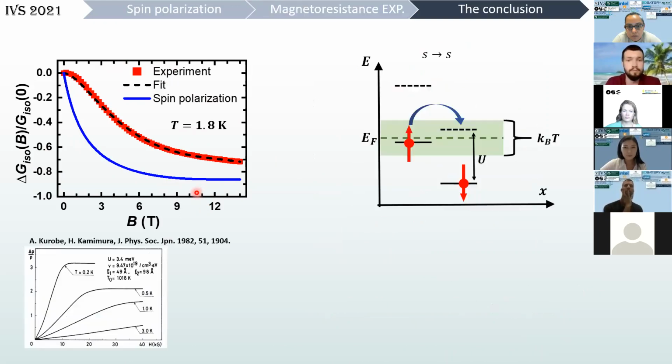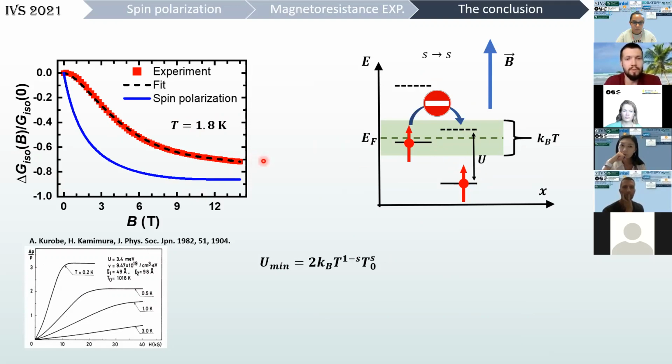Let's continue to the conclusions. So I hope I have convinced you that we have measured a magnetoconductance effect that originates from spin polarization in the system, and that we have seen magnetoconductance saturation due to full spin polarization.